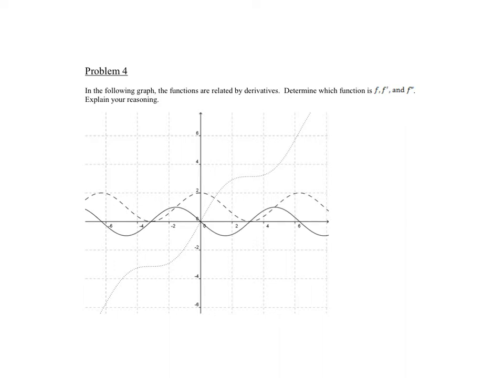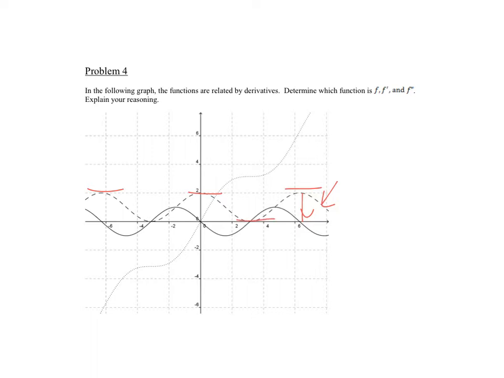Let's think about the derivatives, okay? So let's look at this dotted line here, all right? Look at where it has tangents that are zeros, okay? So the zero tangents line up with this, okay?